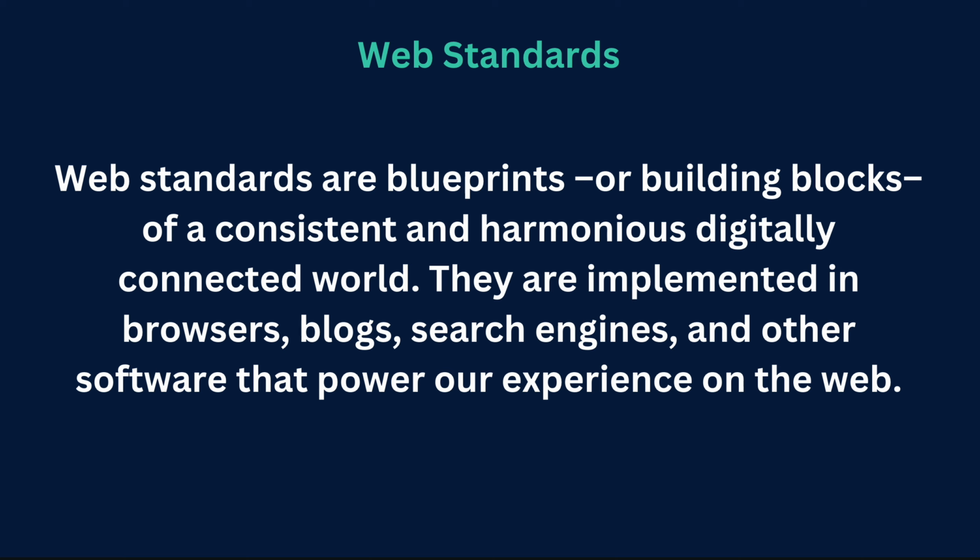The same website you see in Chrome, you see in Firefox, you see in Safari, with the same look and feel. It means they all are following some standards. So these are the web standards.